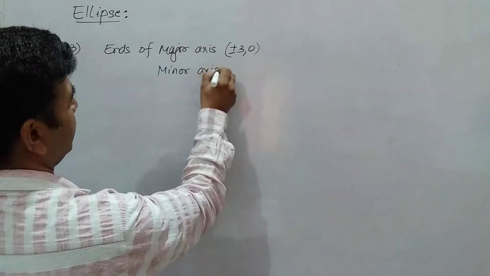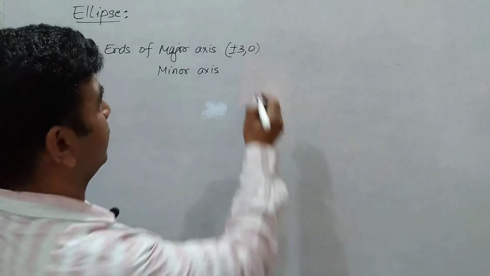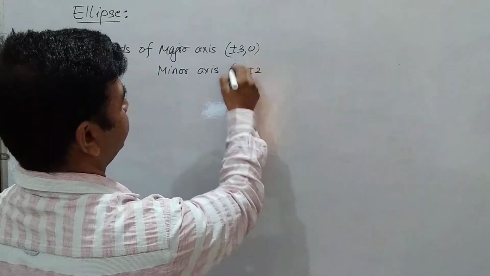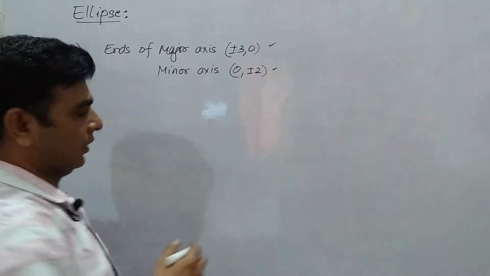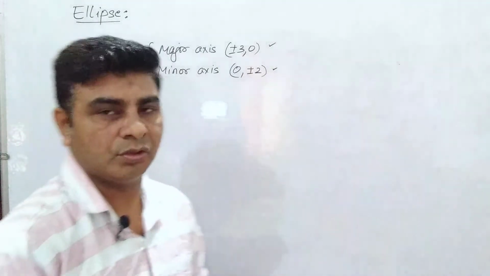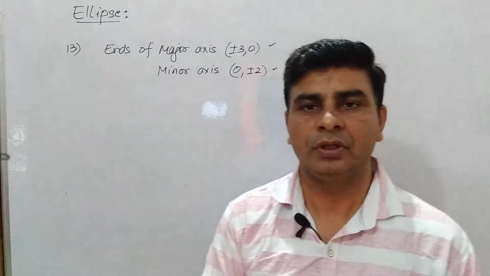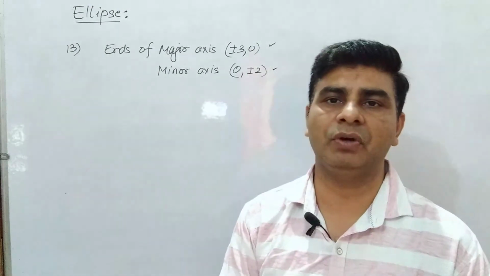This is a very easy question, dear friends. From the major axis and minor axis, it is first of all to be identified which type of ellipse is required.